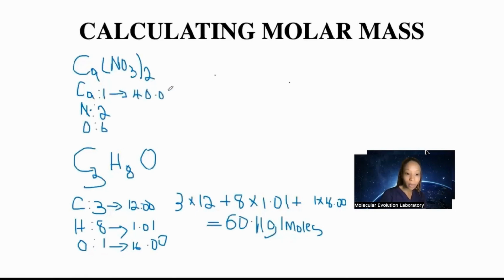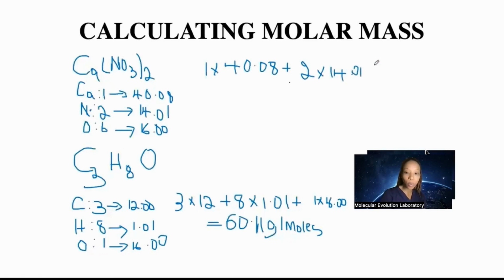Calcium is 40.08, nitrogen 14.01, and oxygen, we already know, is 16. So this will be 1 times 40.08 plus 2 times 14.01 plus 6 times 16.